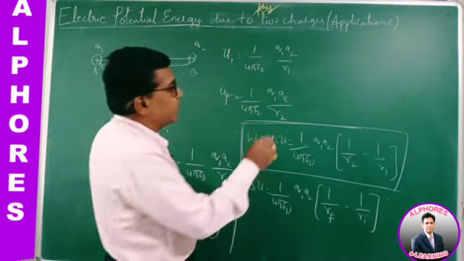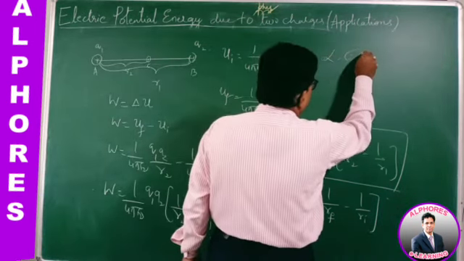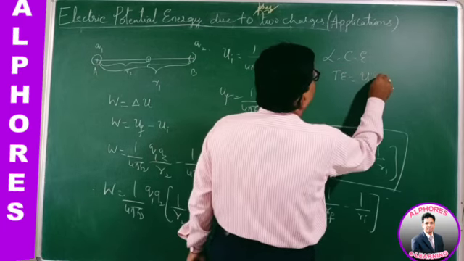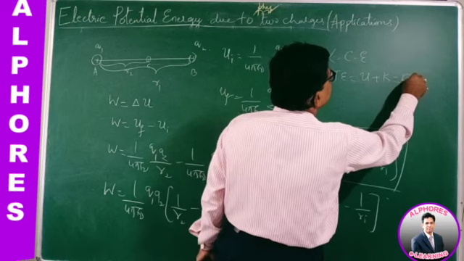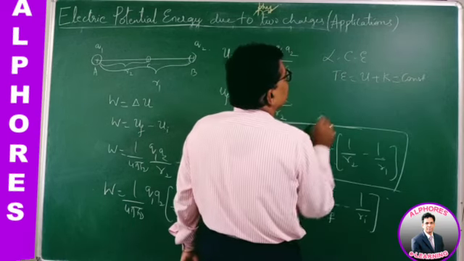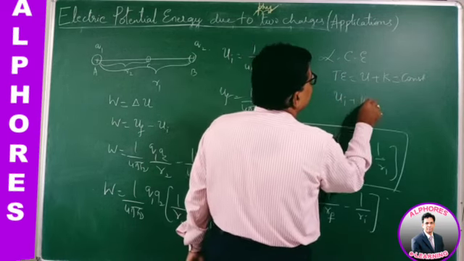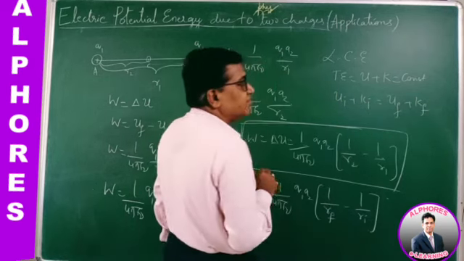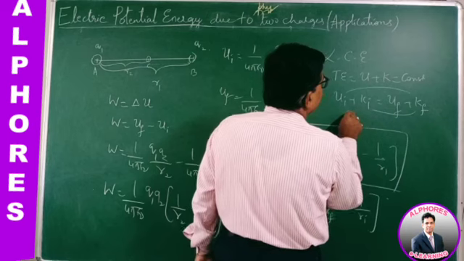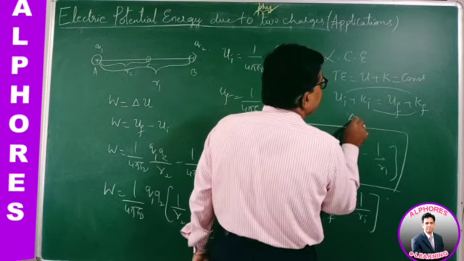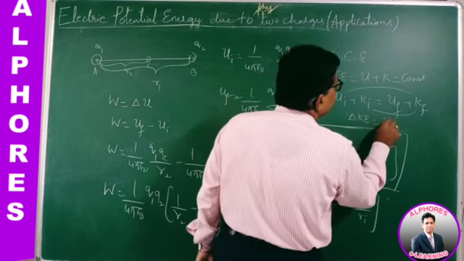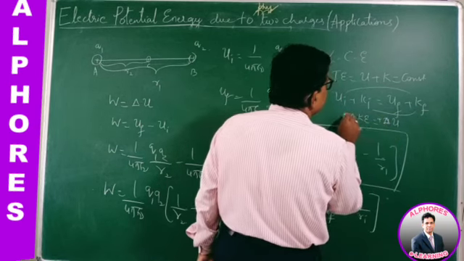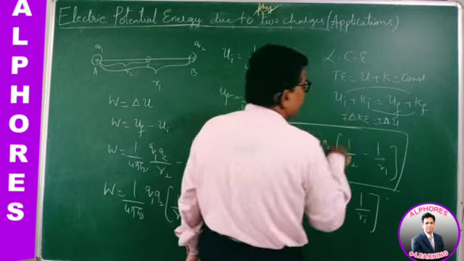According to the law of conservation of energy, the total energy is the sum of potential energy plus kinetic energy, and this is a constant. So U initial plus K initial is U final plus K final. Taking that, the change in kinetic energy, delta KE, is the negative of the change in potential energy. If this is plus, this is minus. If this is minus, this is plus.